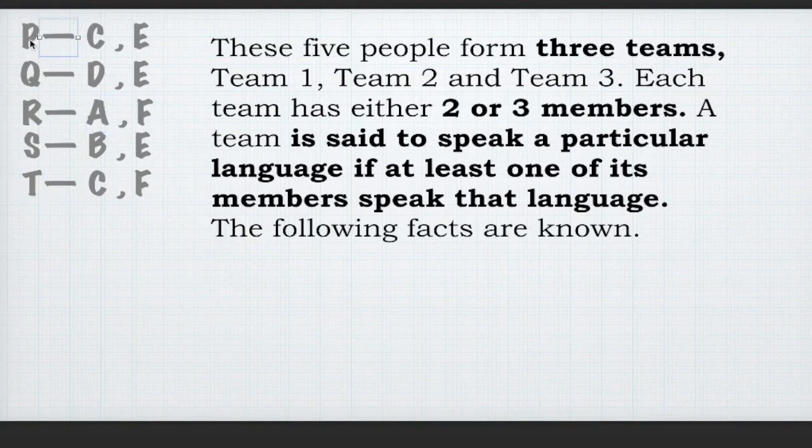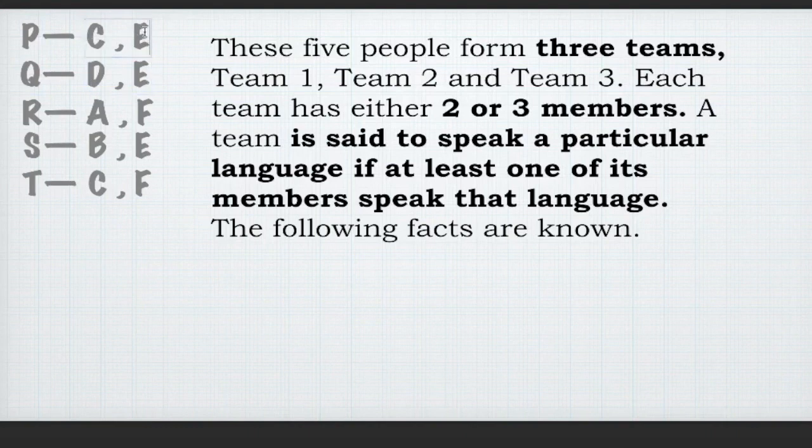Let me play with this information. Say I create a team of P and Q and call it team alpha. Now this team alpha can speak Chinese, English, Dutch. English was already there.